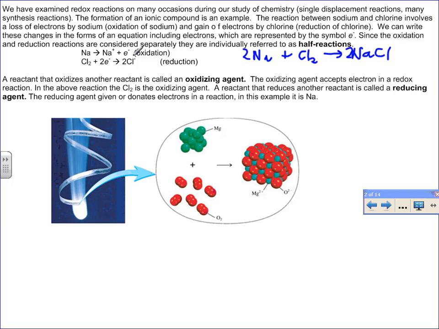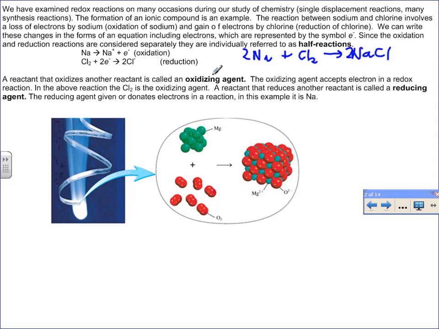So an electron is a product in this particular half reaction. In the case of chlorine, the chlorine is gaining electrons to form chloride ions. So its reduction half reaction shows that it's gaining electrons, or the electrons are essentially a reactant in this process. So this reaction is the oxidation half reaction, and this reaction is the reduction half reaction.